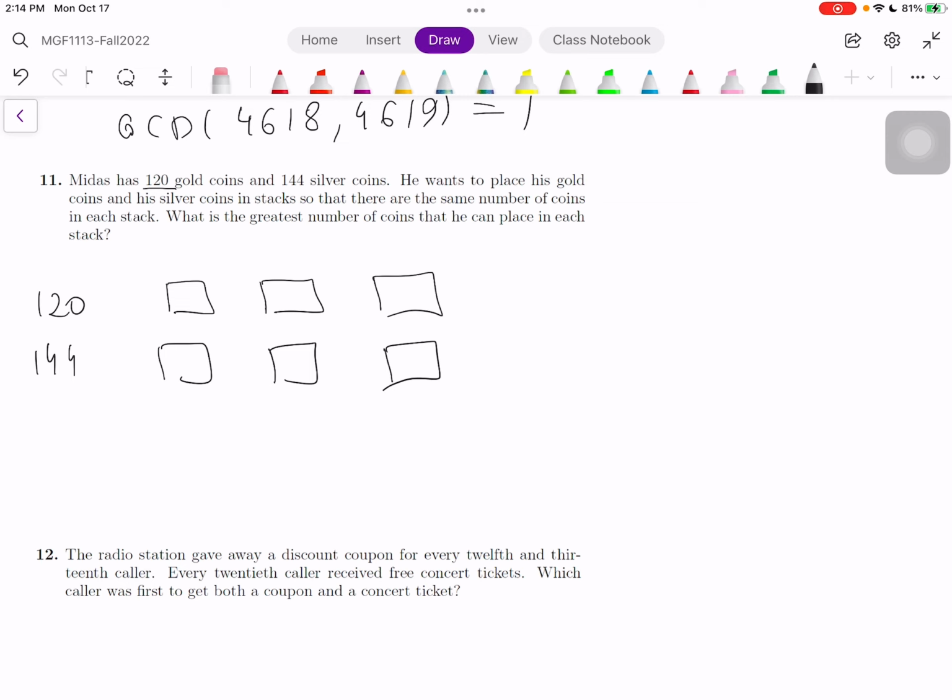So he wants to find the greatest common divisor of 120 and 144, right? That will tell him how many coins in each stack he can create for both 120 and for 144, right? Of course, there will be fewer of those stacks for 120 than 144, right?